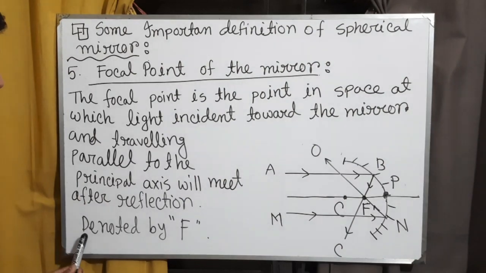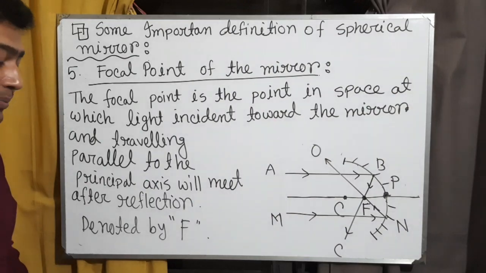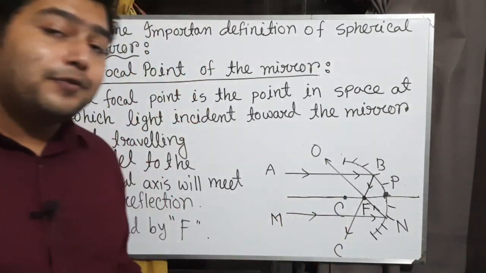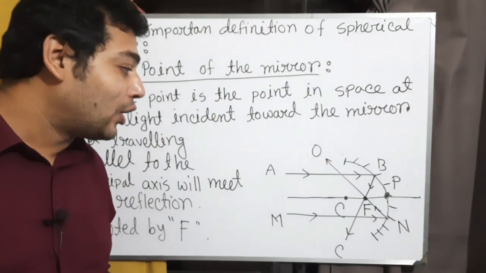The focal point is denoted by capital F. Here in the figure you see that the point F is called the focal point.